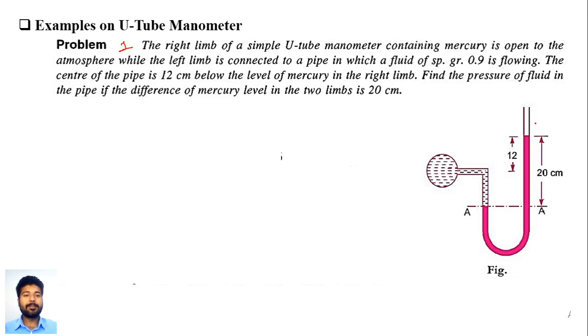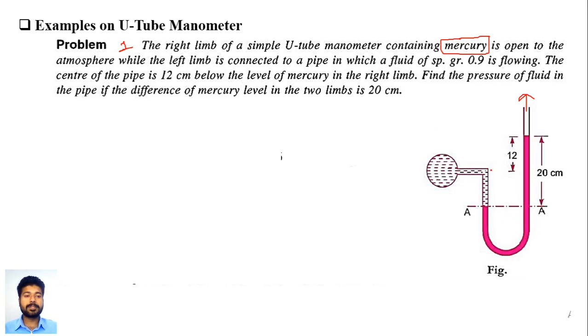The right limb of the simple U-tube manometer contains mercury as the heavier liquid, and it is open to the atmosphere, while the left limb is connected to the pipe.